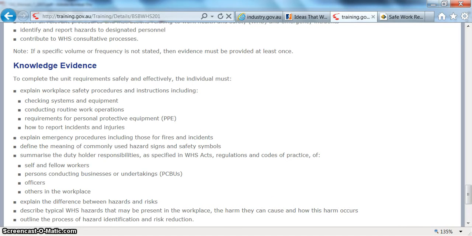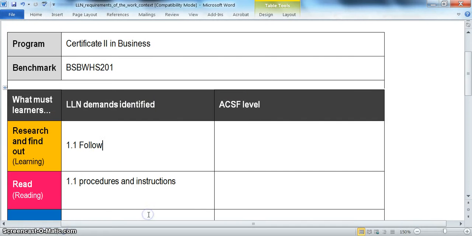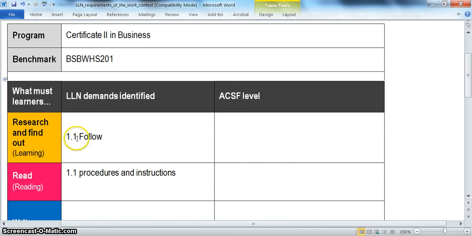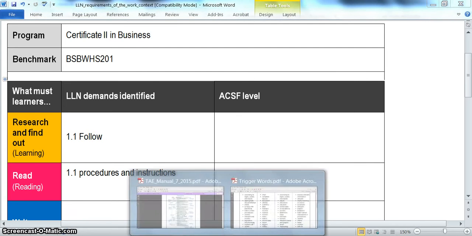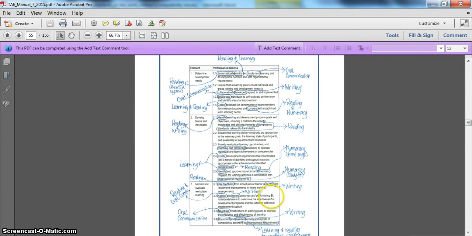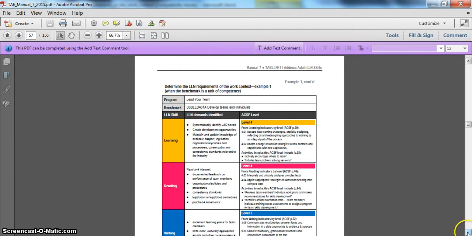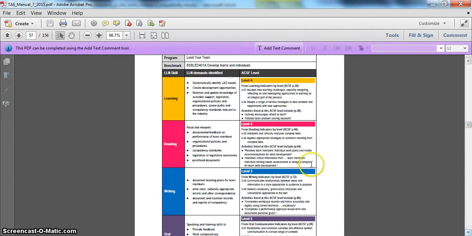So as you go through the unit of competency, you can fill out the LLN requirements of the work context table. You identify which performance criteria had the concepts and what concepts were in there. And as it details in the book, I'm just going to flick through a few pages, I'm very sorry, it starts to indicate in this particular unit, which is develop teams and individuals, they had to systematically identify needs, create opportunities, maintain knowledge.